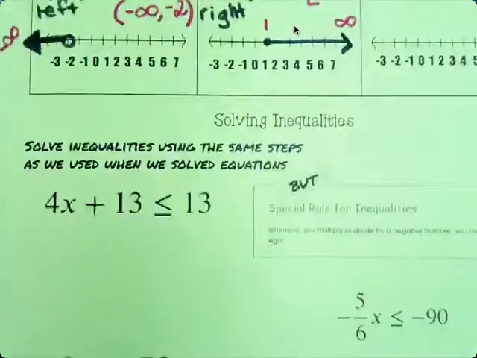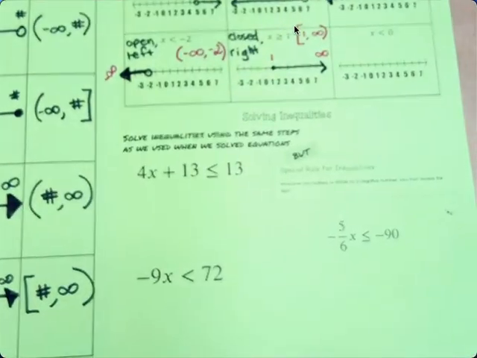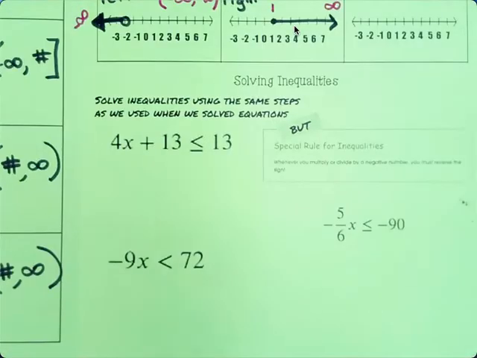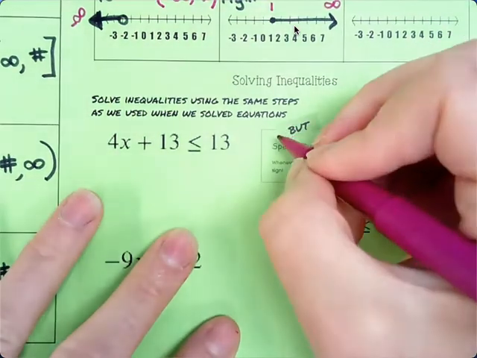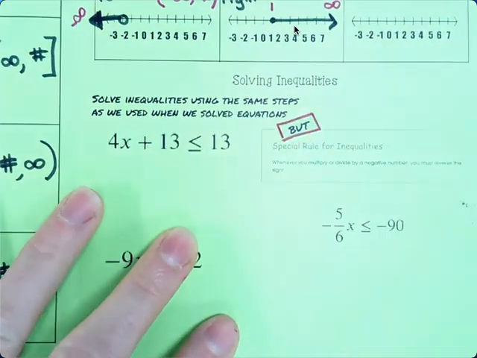Okay, let's look at solving inequalities. We're going to skip that last one. It's okay if you did it, that's fine. We are going to solve inequalities using the same steps as we used when we solved equations. But there is a special rule.